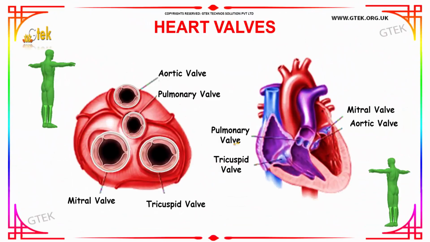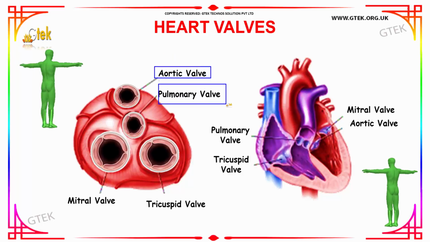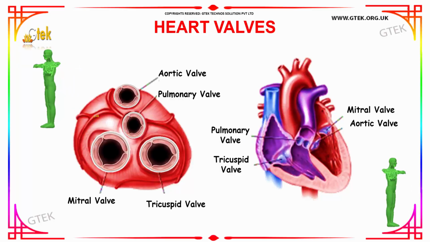Here you can clearly see the valves that are present in a human heart: the aortic valve, the pulmonary valve, the mitral valve or the bicuspid valve, and the tricuspid valve. So this is how the valves are present. This is the cross-sectional view of the valves.